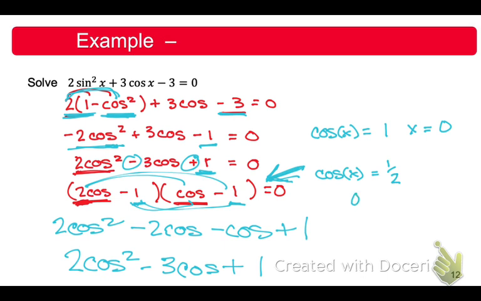It's going to be quadrant 1 and quadrant 4. So what angle is adjacent to 1/2? Pi over 3. And so this would be 5 pi over 3.